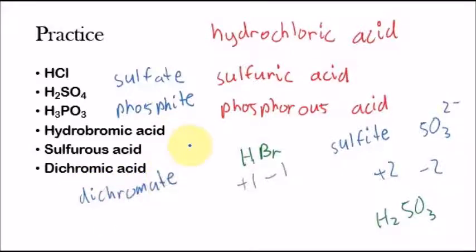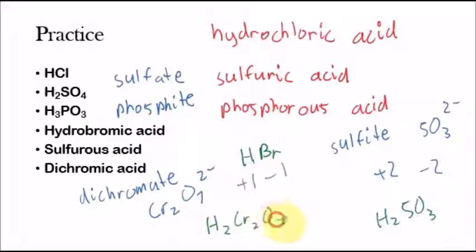The formula for dichromate is Cr2O7 2-. This has a -2 charge and each hydrogen has a +1 charge, so we're going to need 2 hydrogens to get a +2 charge to get everything to balance out. So at the end, we will get H2Cr2O7, and that's dichromic acid.